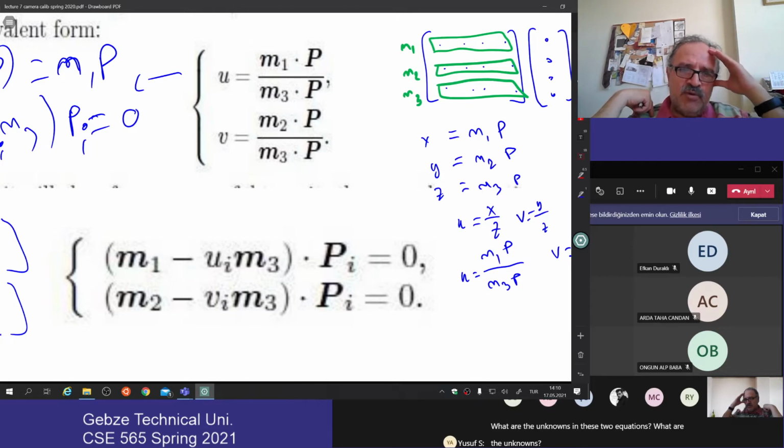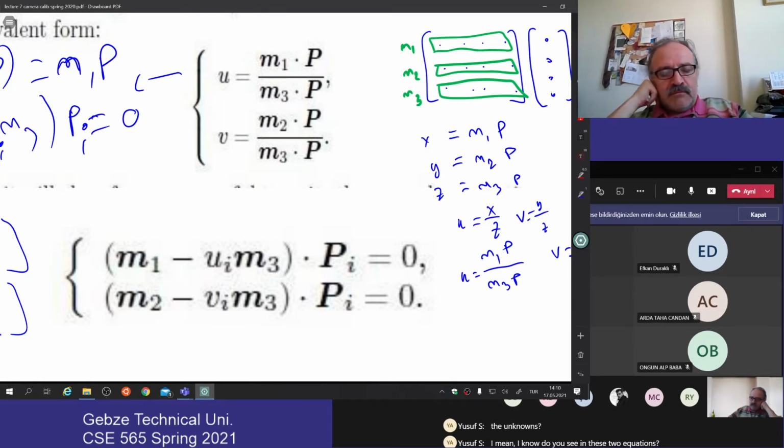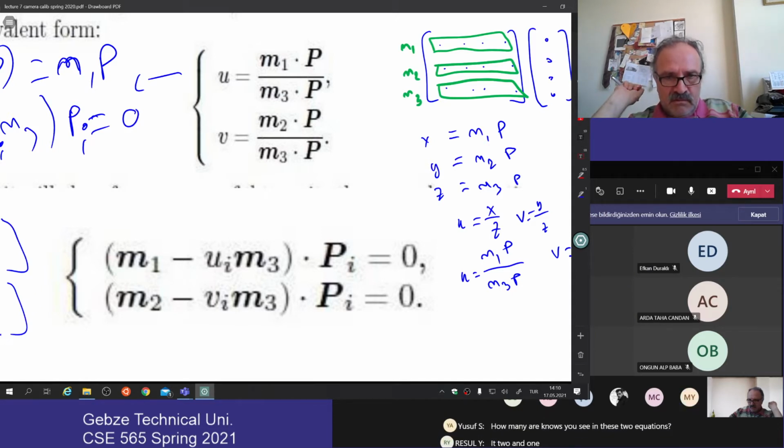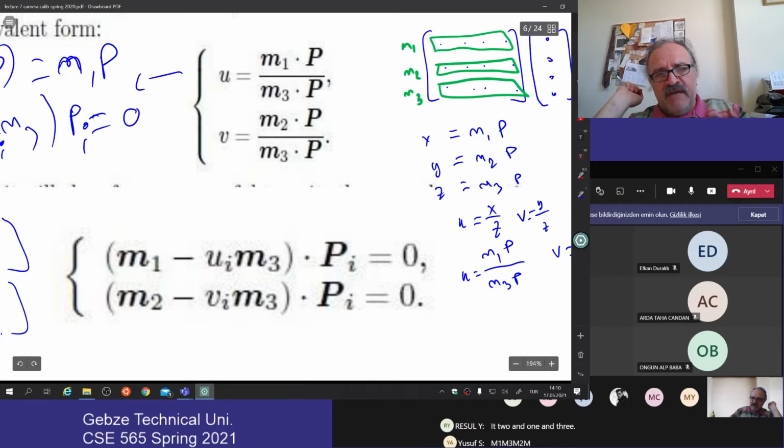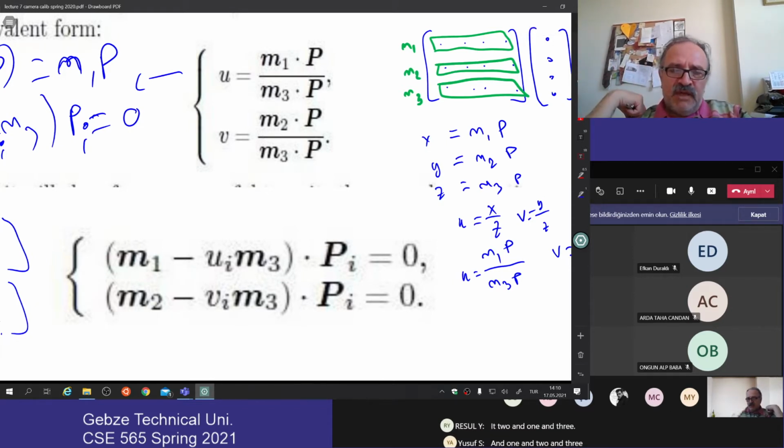How many unknowns do you see? M1, M2, and M3. Each one has 4 numbers in it, so there are a total of 12 unknowns.